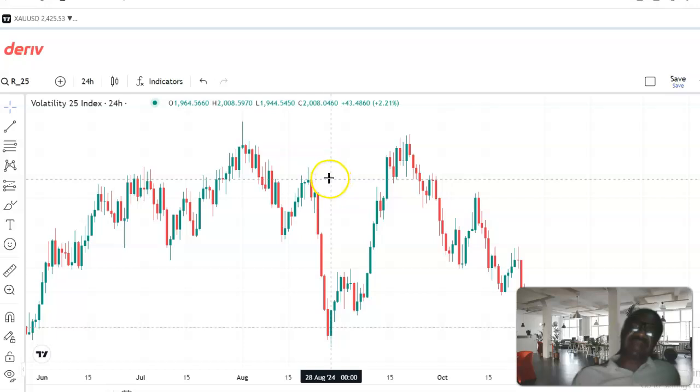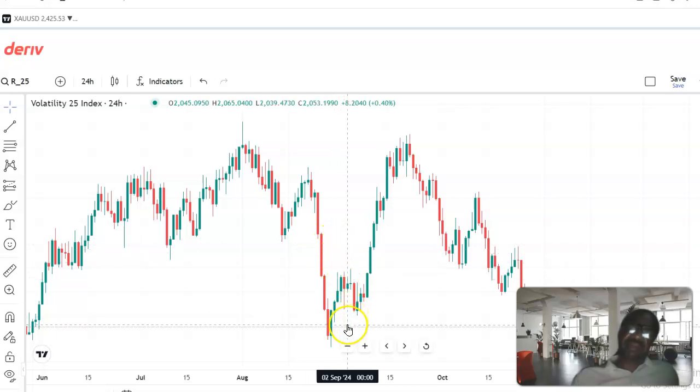This is another shooting star. You can see it here. Another shooting star. So what happened? There was a reversal here. Then price started moving down. Okay, so a shooting star is used as a reversal candle.